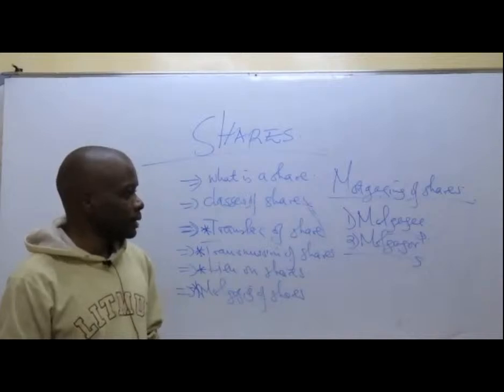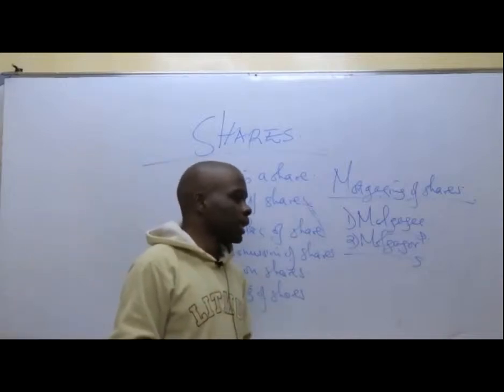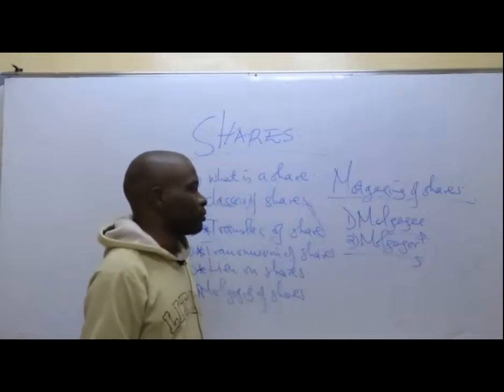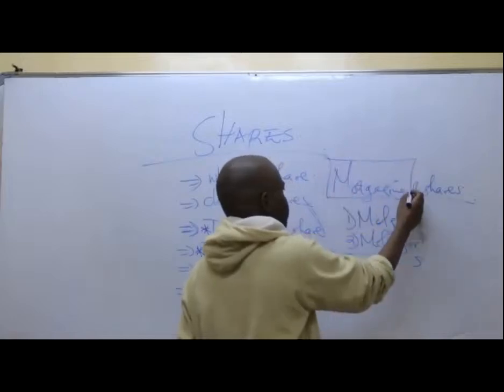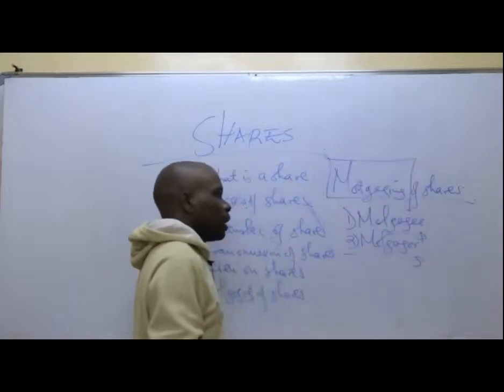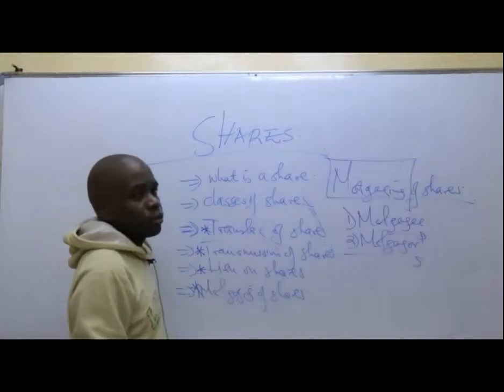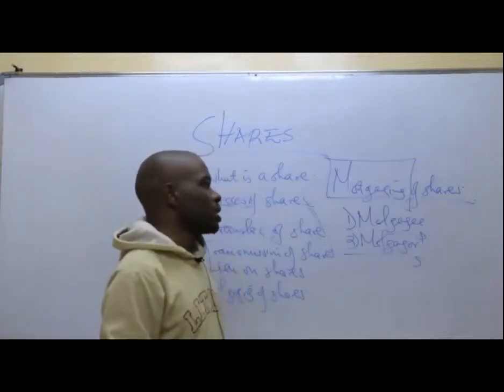Shares are like assets, which can be used as a form of security when you're getting a loan from a lender. If such happens, we say the shares of the company have been mortgaged. So if you have shares of a particular worth in a company, you can use them as security from a lender, either a bank or maybe a SACCO.